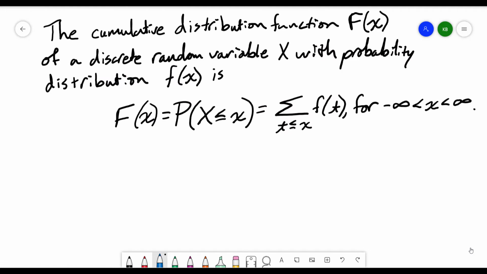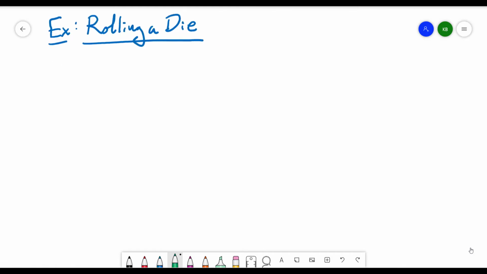Now, the cumulative distribution function of a discrete random variable adds together all of the probabilities that the random variable takes on a value less than or equal to some value x. And that's the value that we assign to our function F(x).